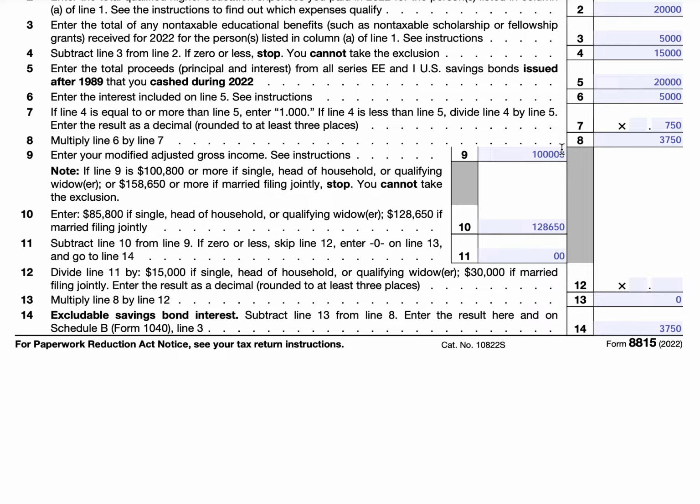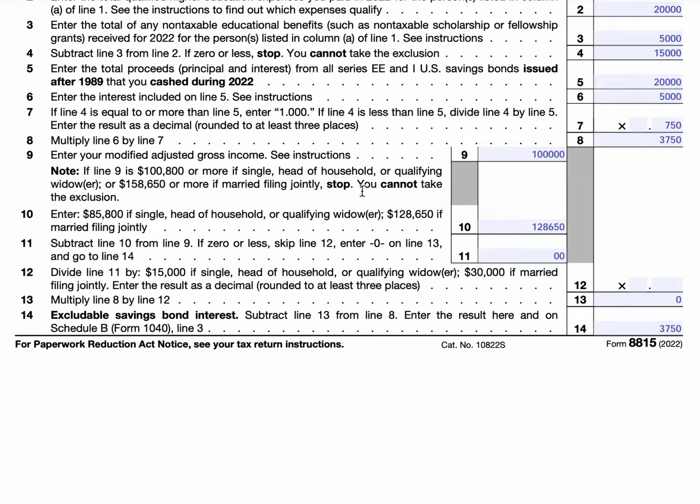So when you're thinking modified adjusted gross income, you need to think MAGI specifically for higher education expenses. And the way you calculate that is going to be different from your modified adjusted gross income for any other tax-related issue.